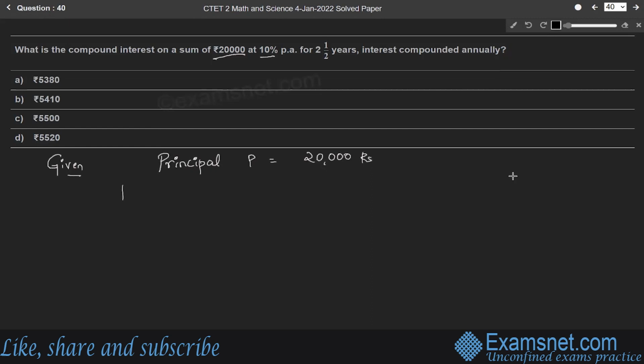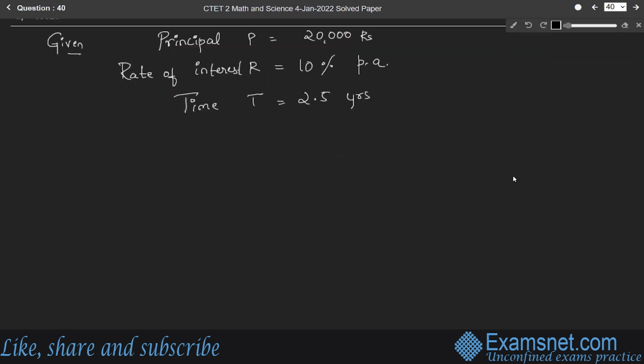Rate of interest R is equal to 10% per annum, and time T is equal to 2.5 years.